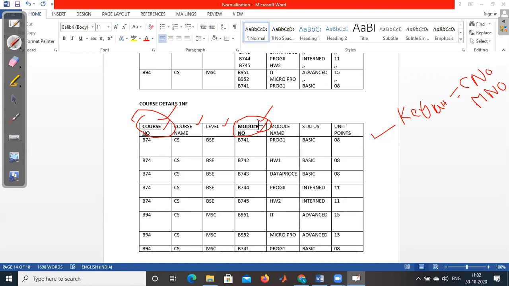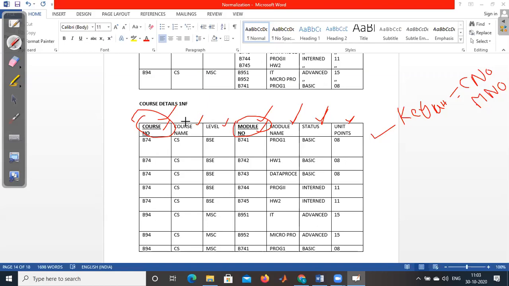Next, module number is a prime attribute or key attribute. Module name, status, and unit points are non-key attributes. If you know the module number, you can find the module name, module status, and unit points. So they depend on the key attribute module number.